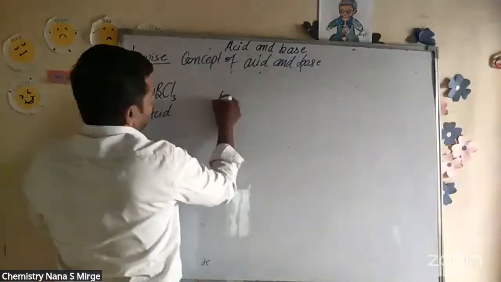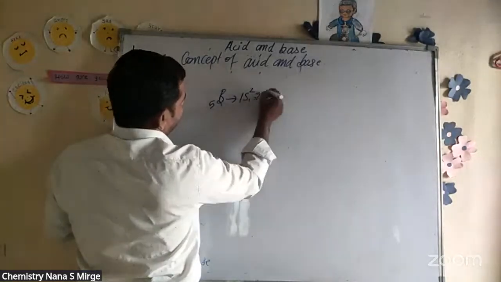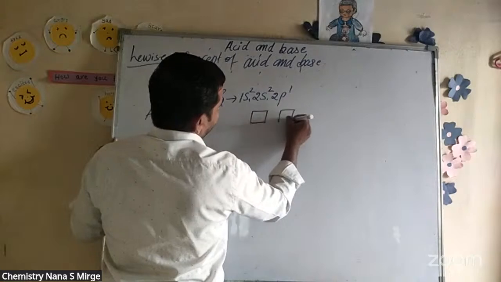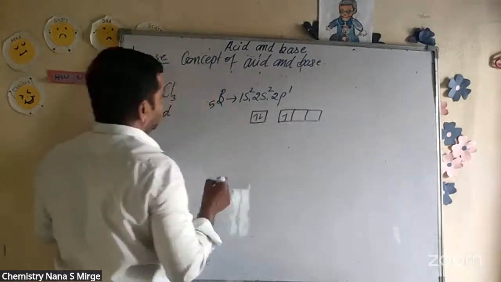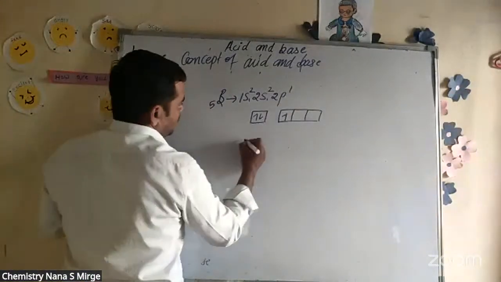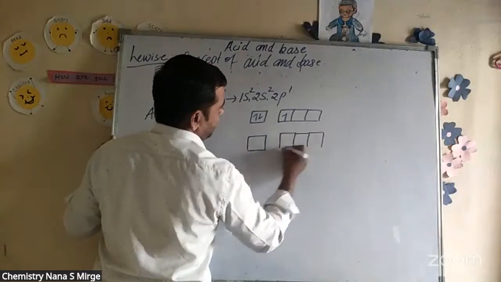What is the atomic number of boron? Boron's atomic number is 5 and its electronic configuration is 1s2, 2s2, 2p1. So these two electrons, and the p orbital has only one electron. How many chlorine atoms are bonded with the boron atom? Three. So this electron goes to the outer shell.